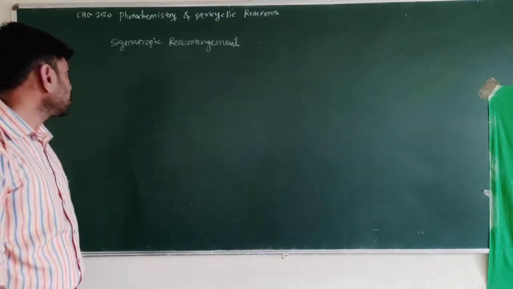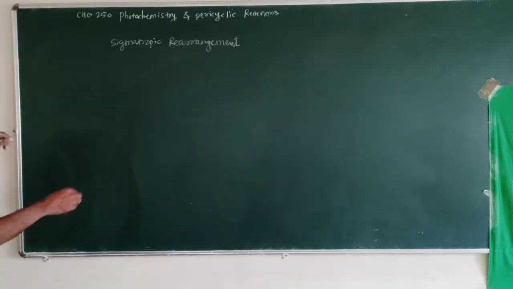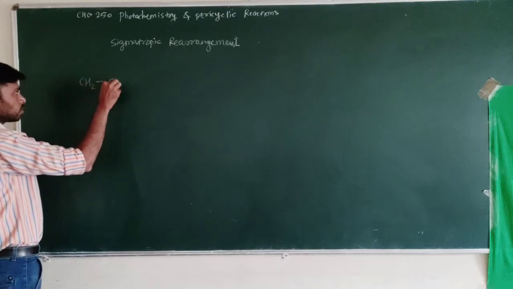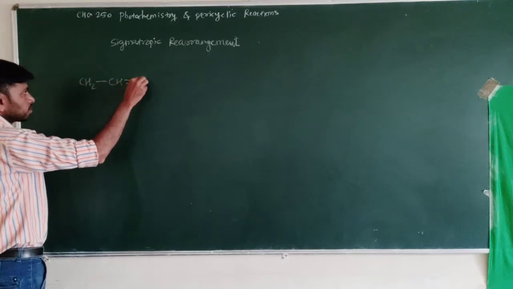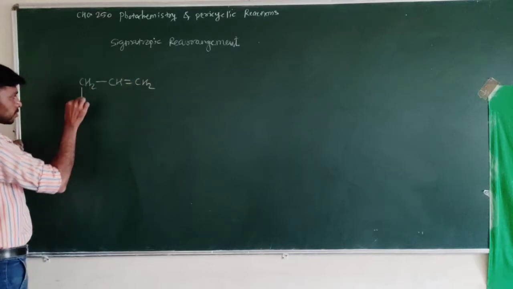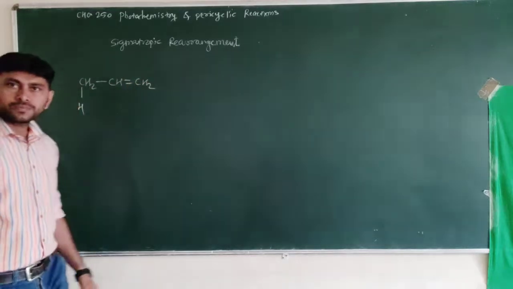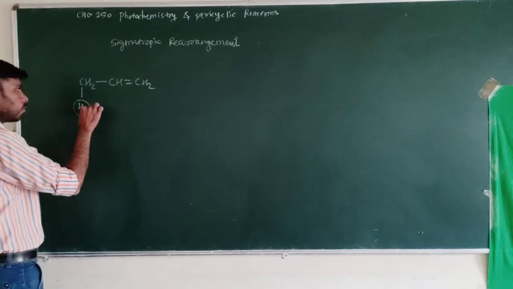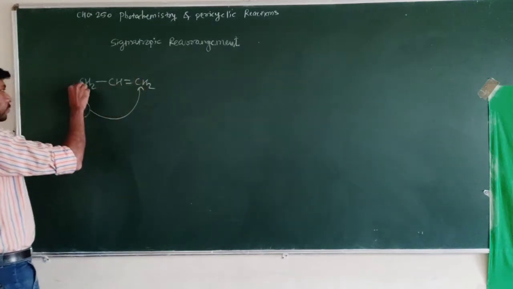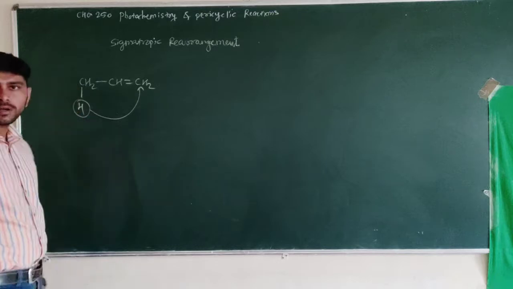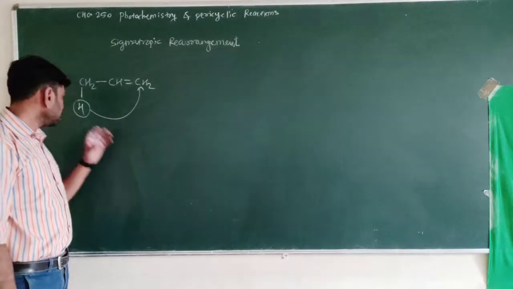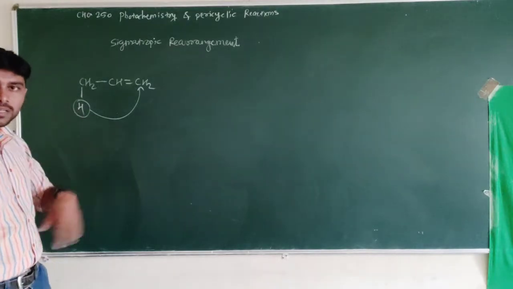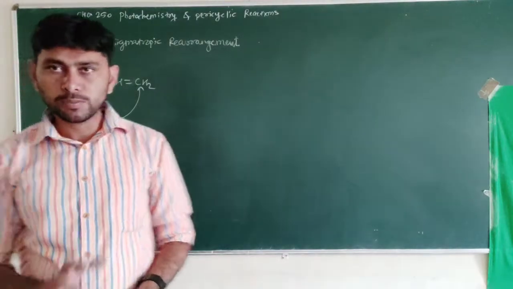Now in sigmatropic rearrangement, see the example: CH2, CH double bond, CH2. Actually it is CH3. So this hydrogen is transferred from one end to another end with this sigma bond. That means this sigma bond, or this group or atom. This is an atom here, but sometimes there is a transfer of a group also.